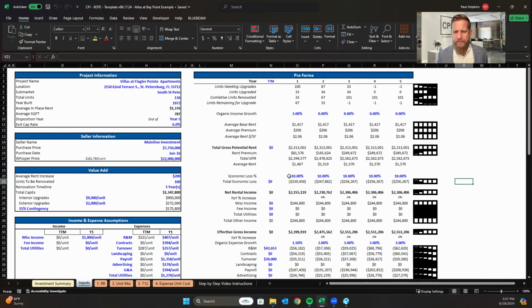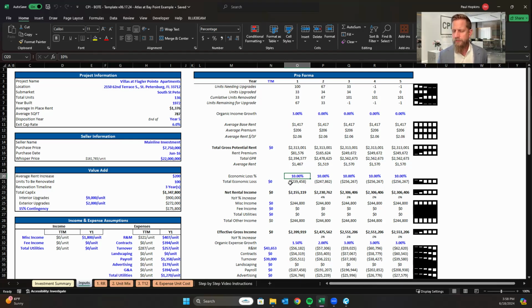And then as far as economic loss, I didn't cover this yet. Economic loss, that includes your vacancy, concessions, bad debt, and then renovation vacancy. And also like a model unit or down units. So you kind of factor all that in, and you could also look at the current market vacancy and then buffer that out a little bit.